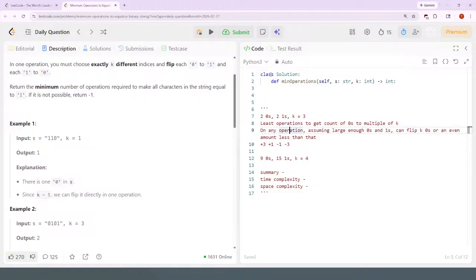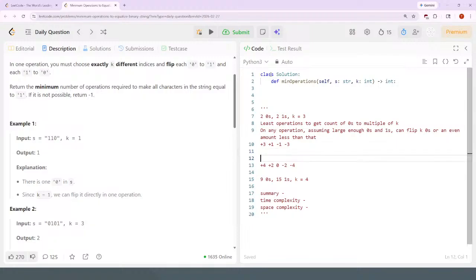If k is 4, then it'd be something like +4, +2, 0 in theory, which is obviously not what you want to do. That's assuming that k is not larger than the number of ones or zeros you're switching.